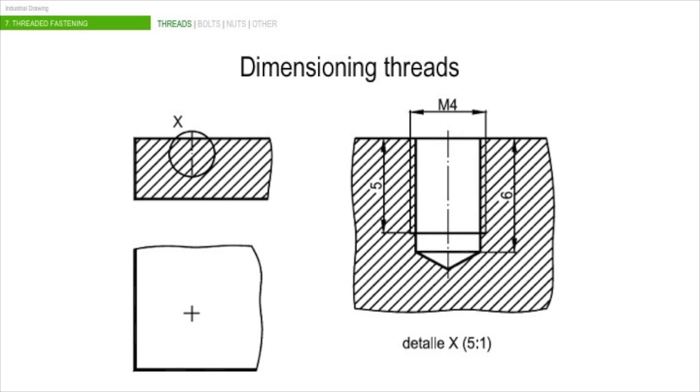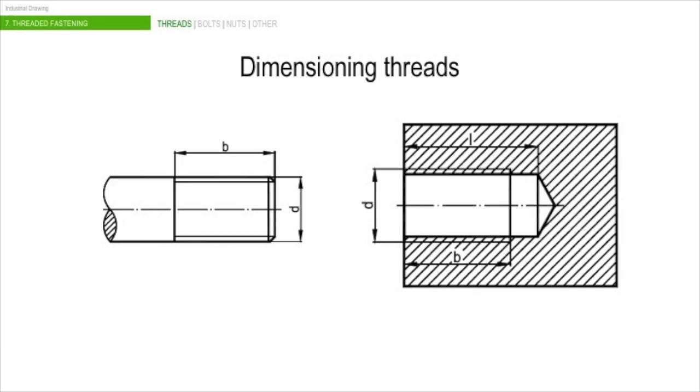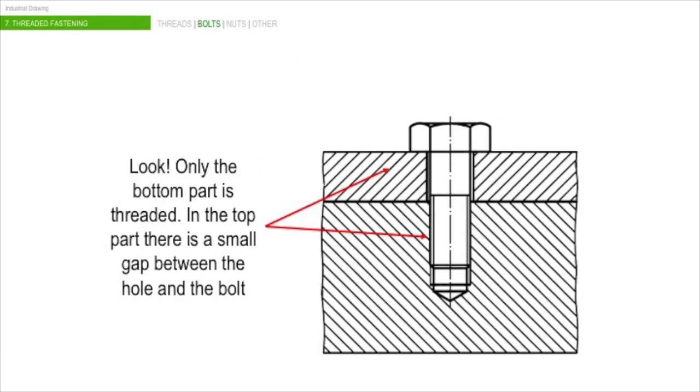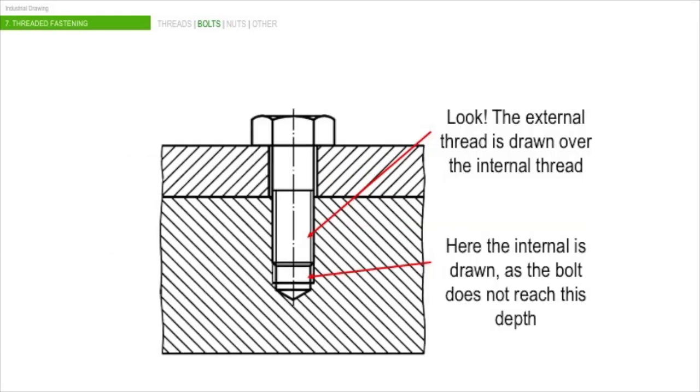You also can see in the left image how to indicate a hole in a simplified way. In external threads, we're going to use only 2 dimensions, one for the diameter and another for the length of the threaded part.